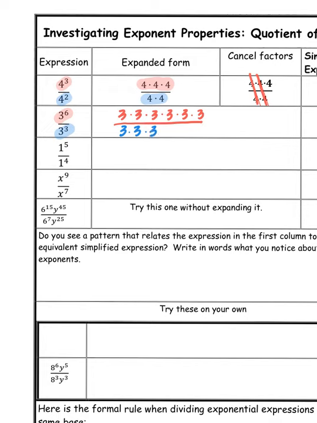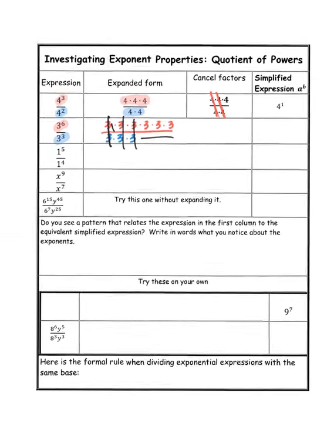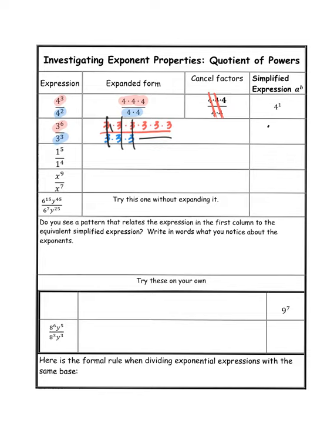Okay, so one way I can do this is I can just go through and cancel. So I cancel that one for that one, that one for that one, that one for that one. I have none left on the bottom, and I have 3 left on the top. So my answer then would be 3 to the third because of the 3 that I have left on the top.